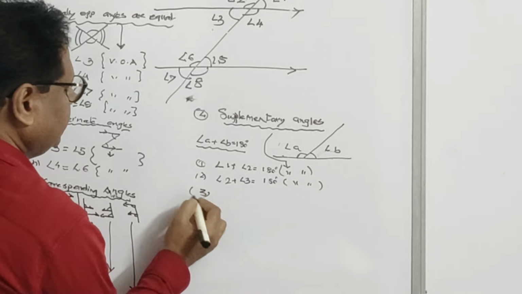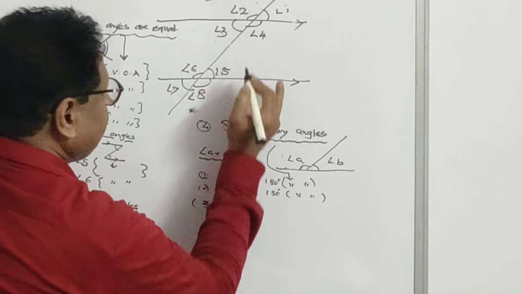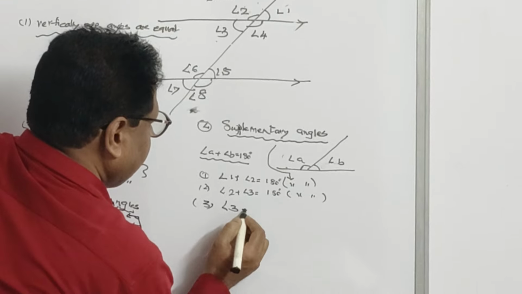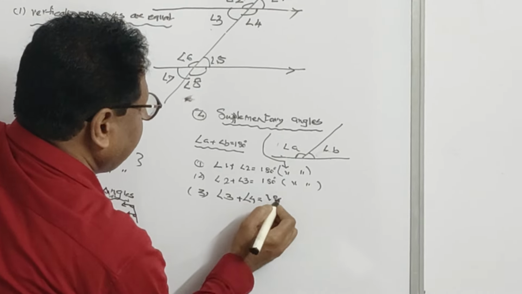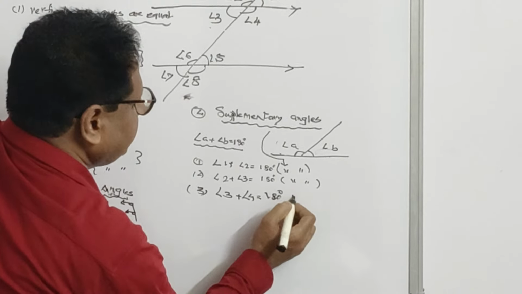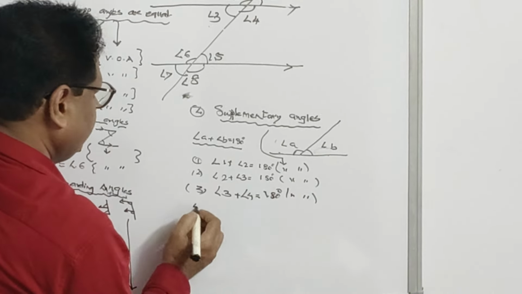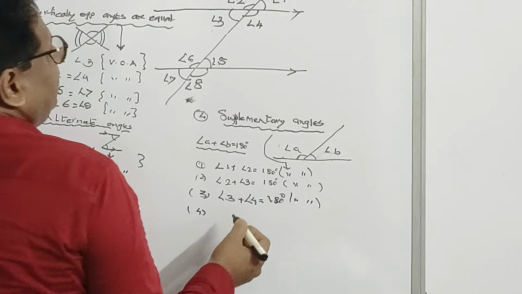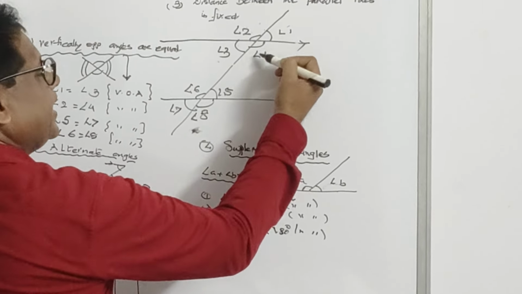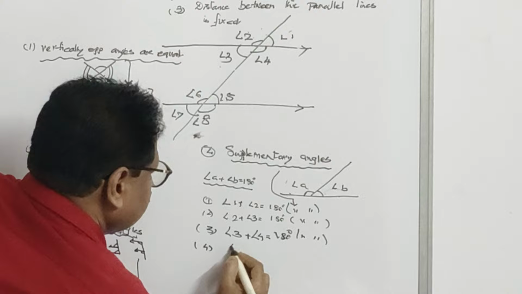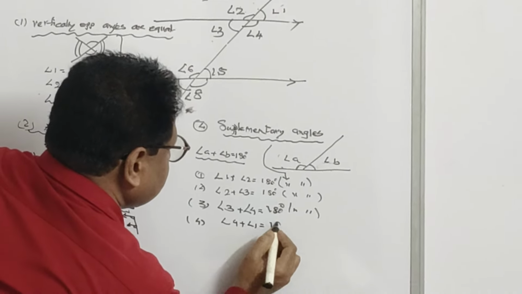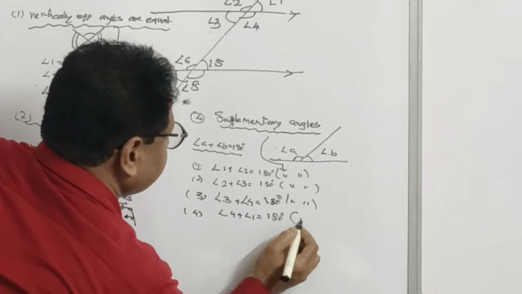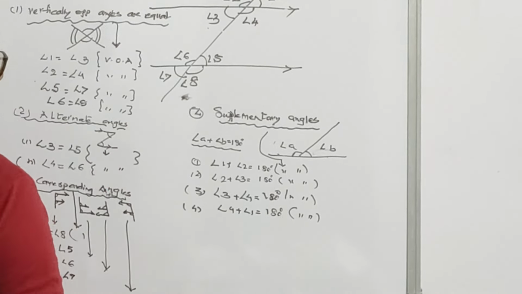Third, angle 3 plus angle 4 equals 180 degrees. Same reason. Fourth, angle 4 plus angle 1 equals 180 degrees, with the same supporting reason.